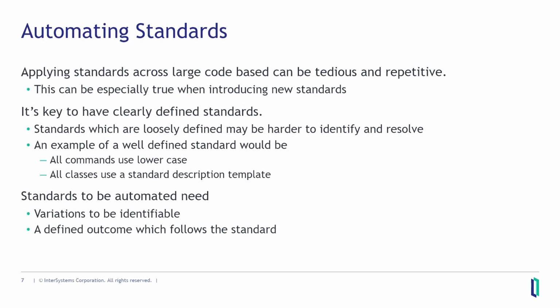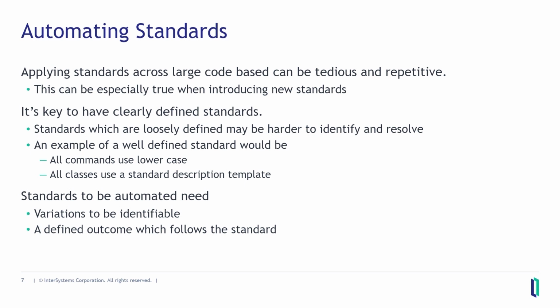To be able to automate the standards, you need to be able to define them, right? So you have to know what the rules are. In knowing the rules, there might be some that are more vague, which are general principles of how you write the code. Those might not be enforceable.